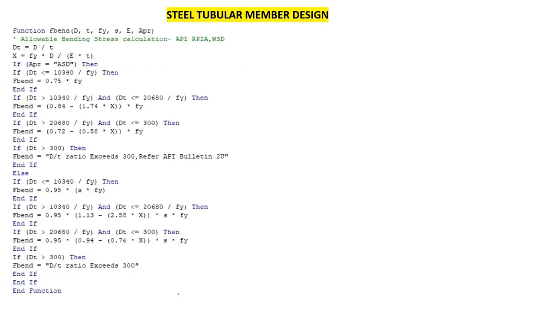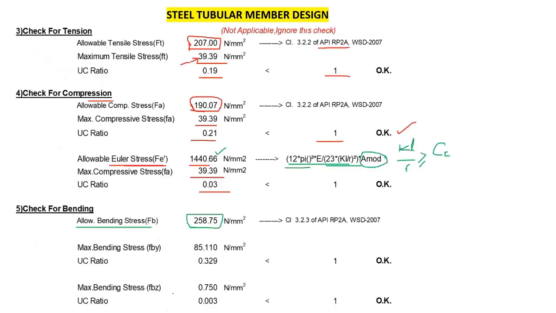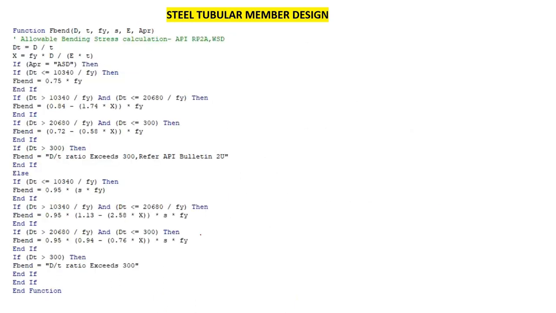Here, this is what I was trying to tell, how we are calculating allowable stress. In the formula we put diameter, thickness, Fy value, and the Young's modulus, and for ASD or LRFD we put this factor.